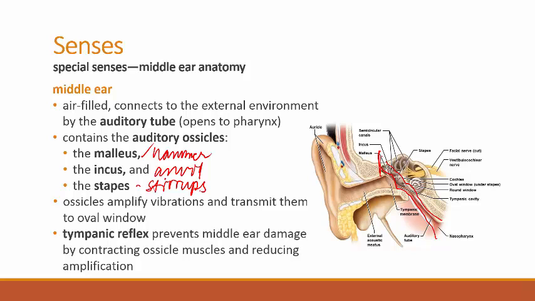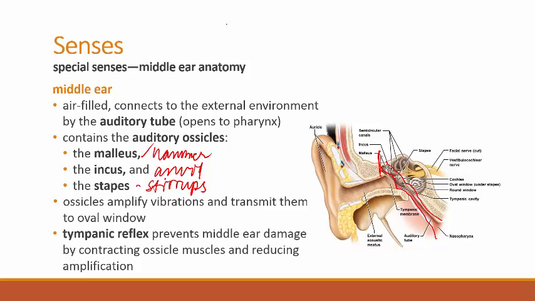The function of the auditory ossicles, these ear bones, is to amplify the vibrations. As the vibrations are transmitted from the malleus to the incus to the stapes, they become larger. The vibrations get a greater amplitude than they did when just the eardrum was vibrating.